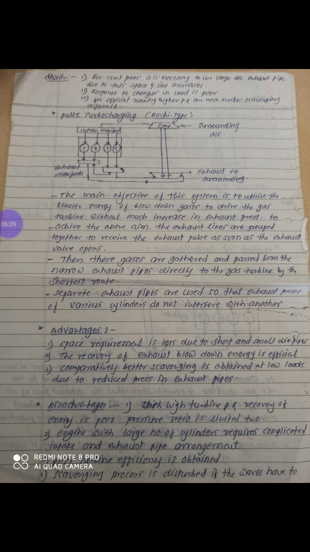Now the disadvantages of this constant pressure system. For maintaining the constant pressure, it is necessary to use a large diameter exhaust pipe. Due to this, the space and size increase. If you want to reduce the pressure pulses or pressure fluctuation, it is necessary to use a large diameter exhaust pipe.